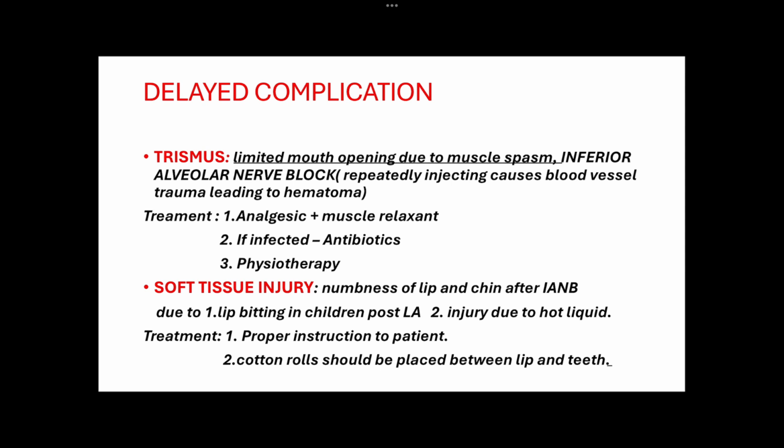And what are the instructions? First of all, you will tell the patient not to take any hot food. Advise the patient to have ice cream post extraction, and keep the cotton gauze at least till 45 minutes after extraction. So these are the instructions you are supposed to give to the patient. Okay.